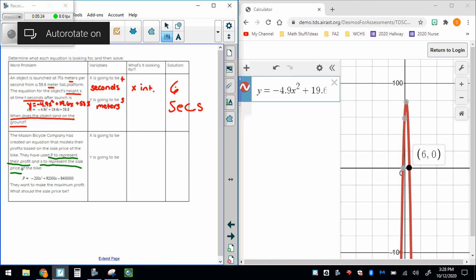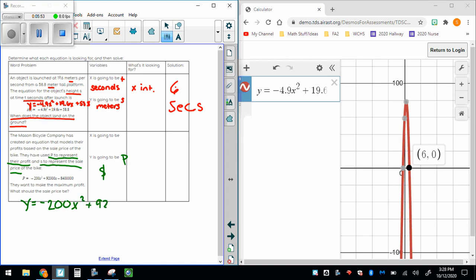When we write our P equals negative 200 S squared plus 92,000 S minus 8,400,000. And remember, I want to rewrite that as y equals, so P must be the y. And that's talking about money, profit. And S, so negative 200, instead of S squared, I want x squared, plus 9,200.